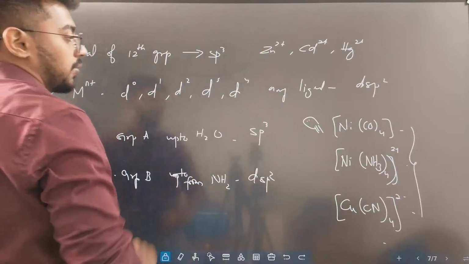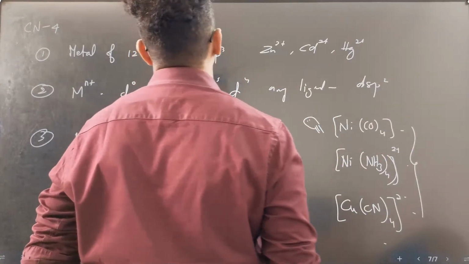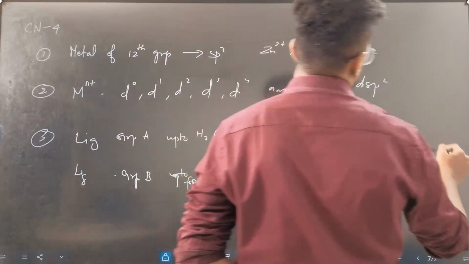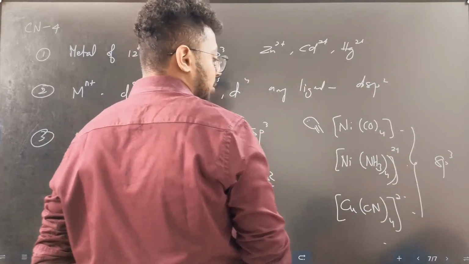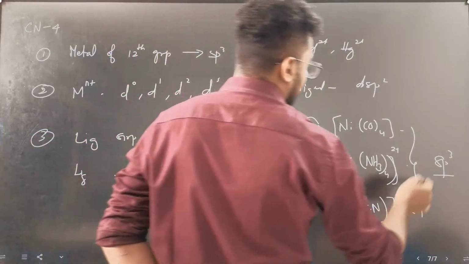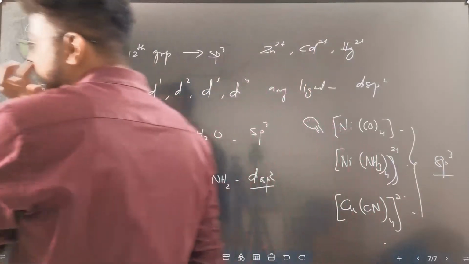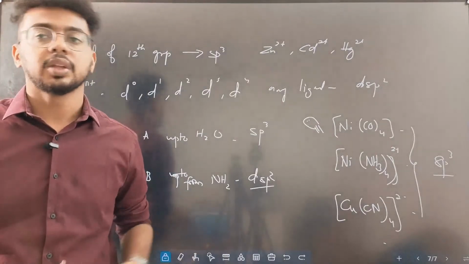See, in tetracarbonyl nickel we should get dsp2 hybridization, but we get sp3 hybridized. For ammonia, up to ammonia we should get dsp2, but we get sp3 hybridization. For cyanide also, we get sp3 hybridization. These are the rules to easily find the hybridization in coordination compounds.